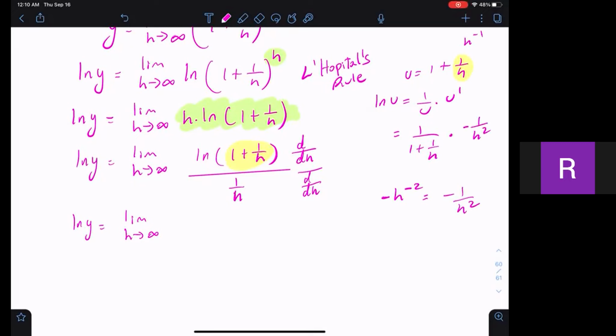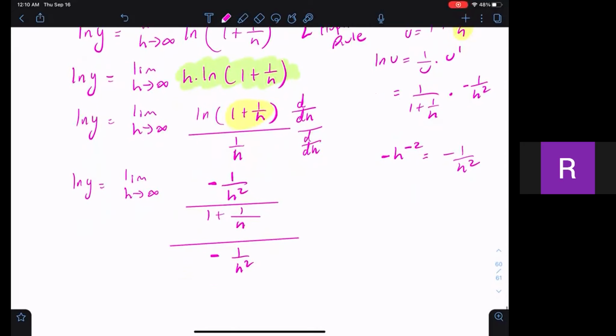So now your numerator becomes -1 over h squared over 1 plus 1 over h. And on the denominator, we already took the derivative, so that's just -1 over h squared again.